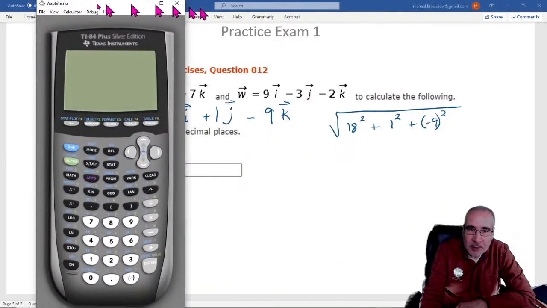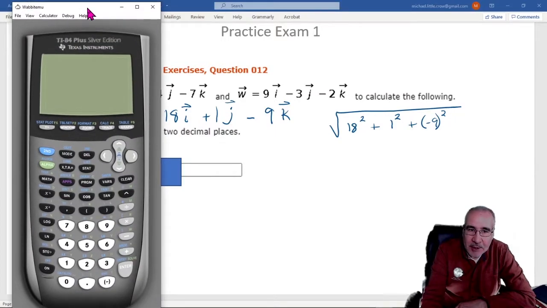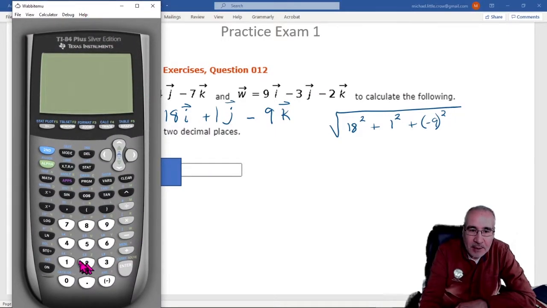We're going to need to do a square root anyway, so why don't we just go ahead and put it all in here. So we'll do 18, so let's turn it on, clear. Let's go ahead and pull up the square root, which is right here, the square root, 18 squared plus 1 squared, I'll just put it as 1.